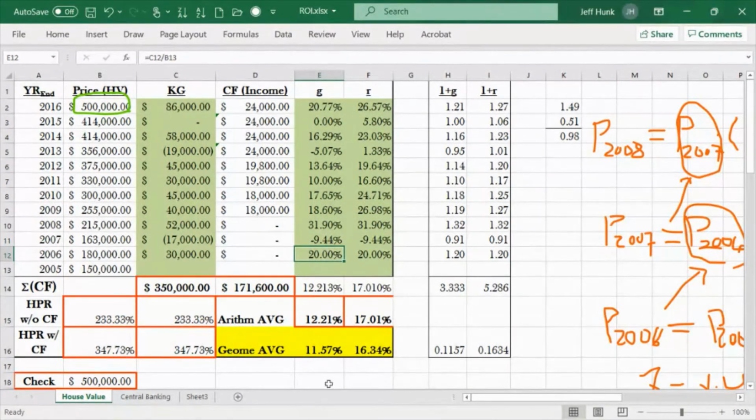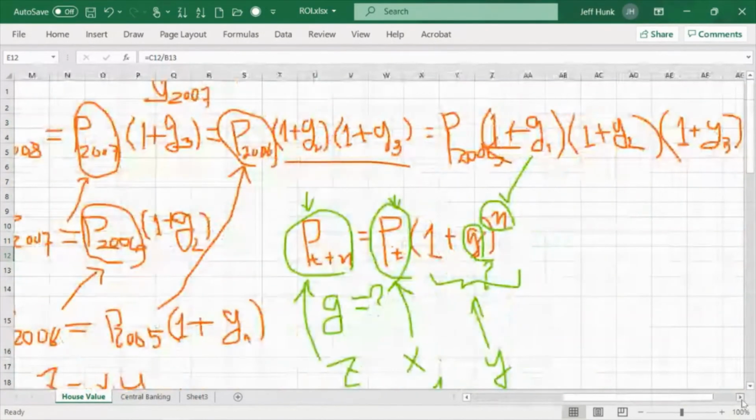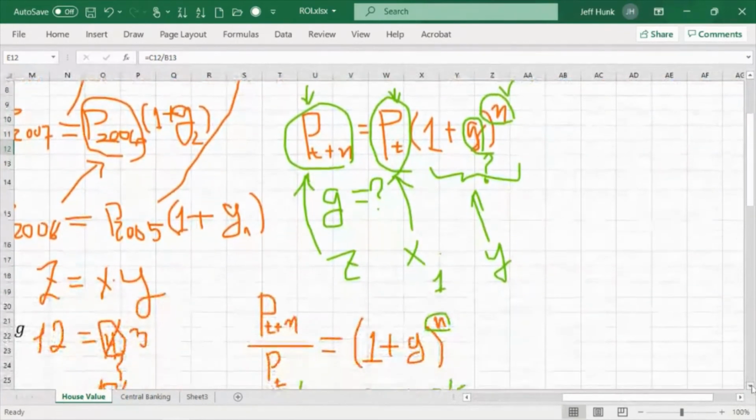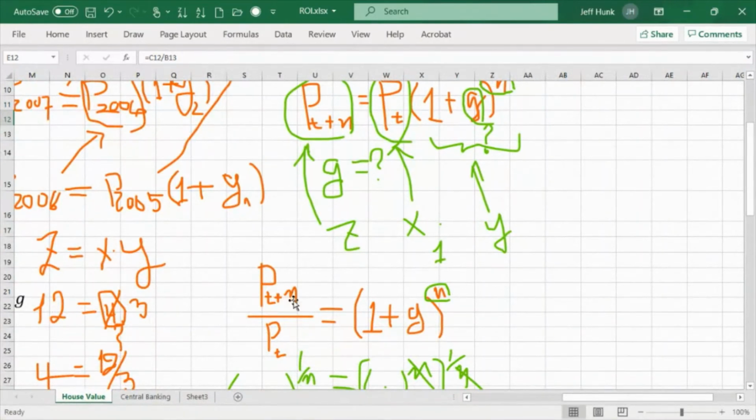So that means, in other words, just consider this. Let me rewrite it like this.